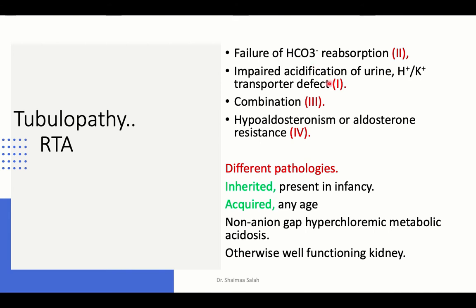On the other hand, type 1 or distal RTA is caused by a different mutation that is associated with impaired acidification of urine, due to a defect in the hydrogen potassium transporter. We have said one of the main priorities of the kidney is to acidify urine through hydrogen secretion into the renal tubule as ammonium chloride to keep the urine pH acidic.